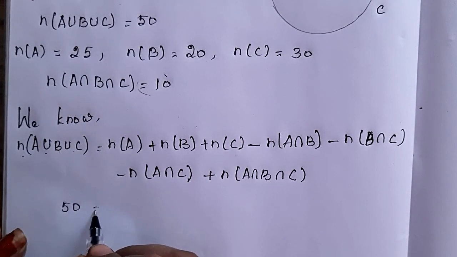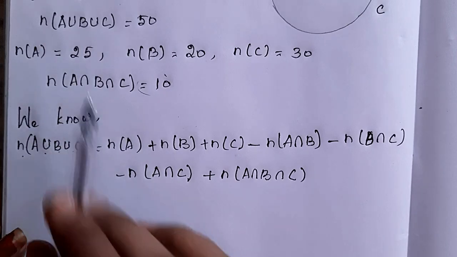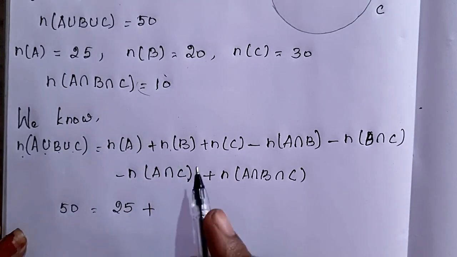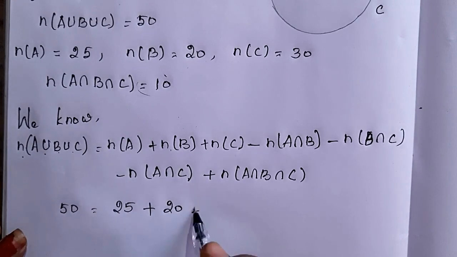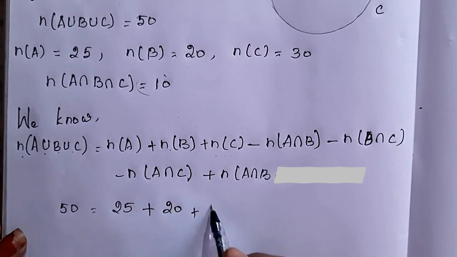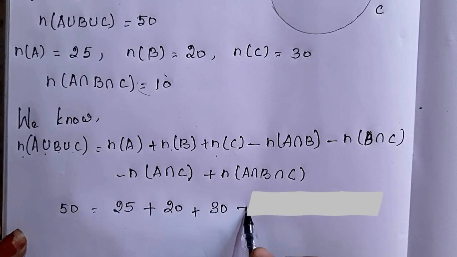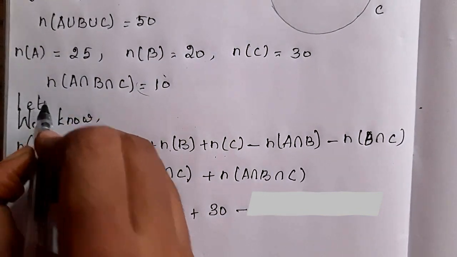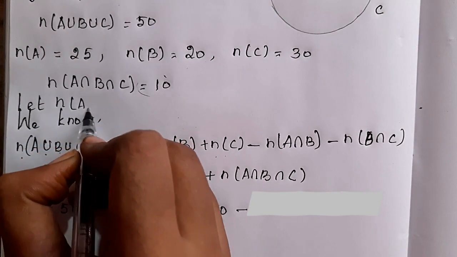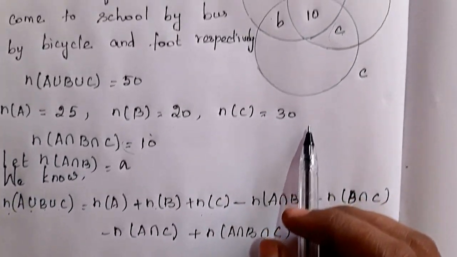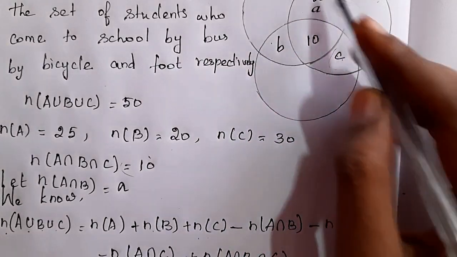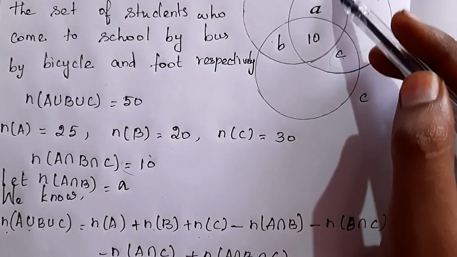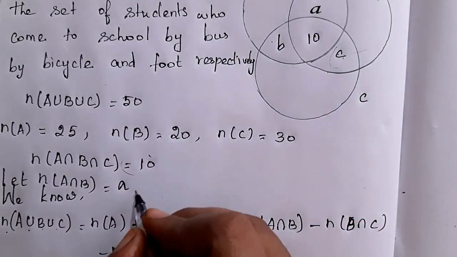See the values. So N of A union B union C is there. That is 50 equal to N of A value is 25 plus N of B value is 20 plus N of C value is 30, then minus, we don't know the values, you can write here let N of A intersection B. See the Venn diagram. So A intersection B, so it is A, B. Intersection part is A plus 10.